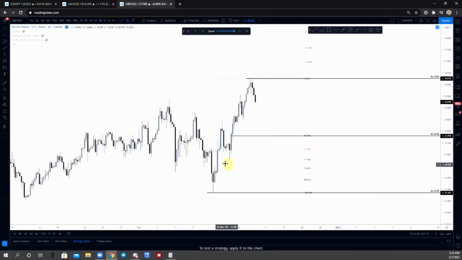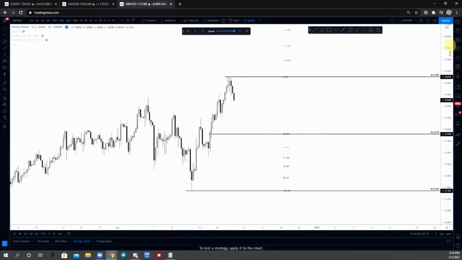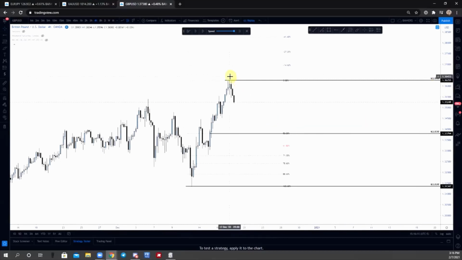So when we're looking at price and we have our 2 points identified, our swing low to our swing high, we are looking for price to retrace a certain percentage of the expansion, right?